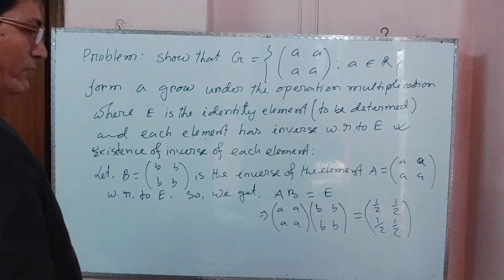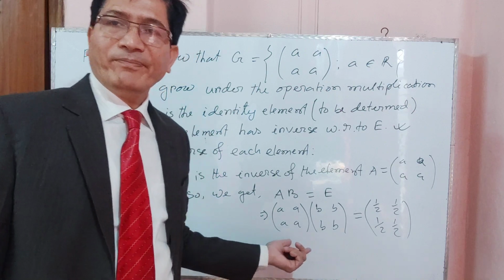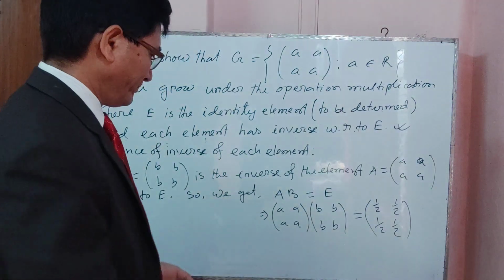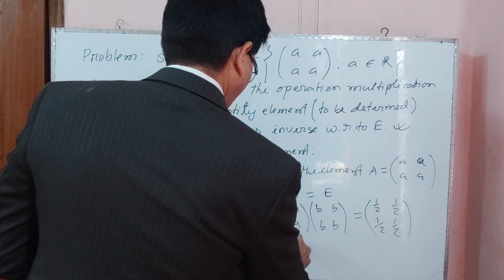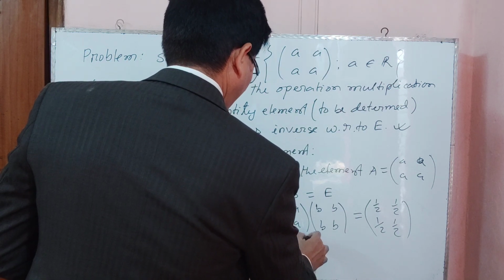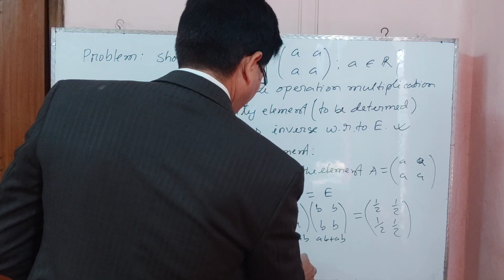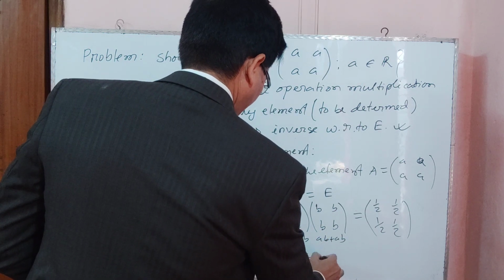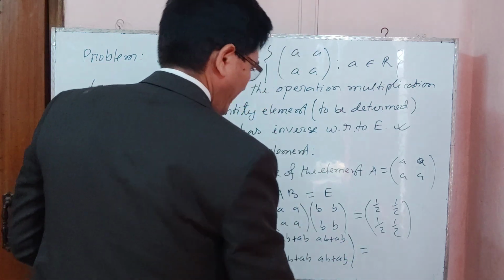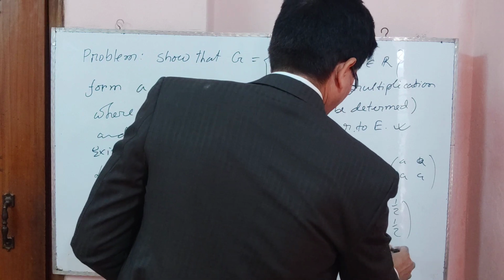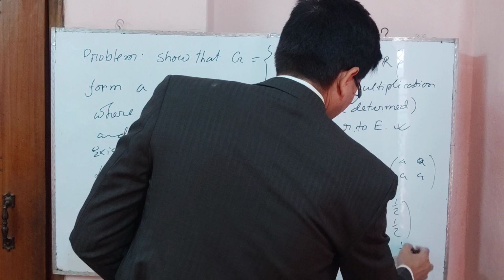Now complete the multiplication on the left side: AB plus AB, AB plus AB. This equals half and half.